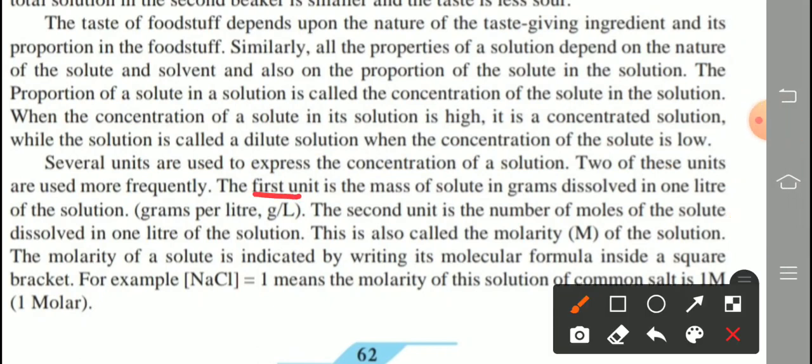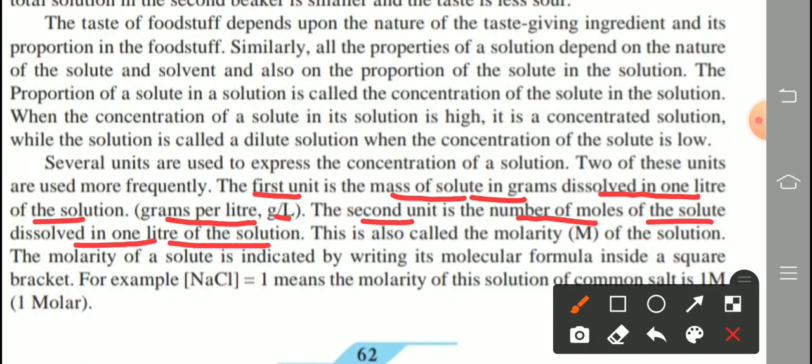The first unit is the mass of solute in grams dissolved in 1 liter of the solution, called gram per liter, indicated as g/L. And the second unit is the number of moles of the solute dissolved in 1 liter of the solution. This mole concept we learned in the previous lesson.